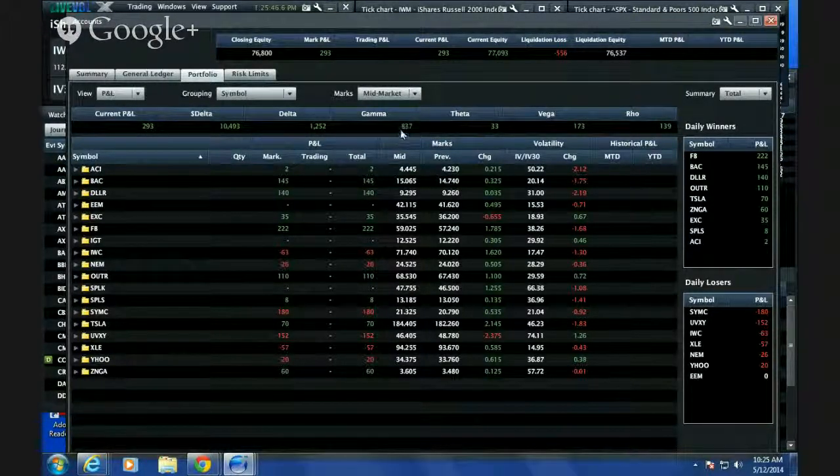So if I can design something where my theta is continuously positive and my gamma is positive, it's probably a good deal for me. So right now I'm just letting it hang in there. Most of my up and down is less than 250 bucks, so it's not that big a deal. So I'm just going to let it go, knowing that I'm collecting money every day that goes by.